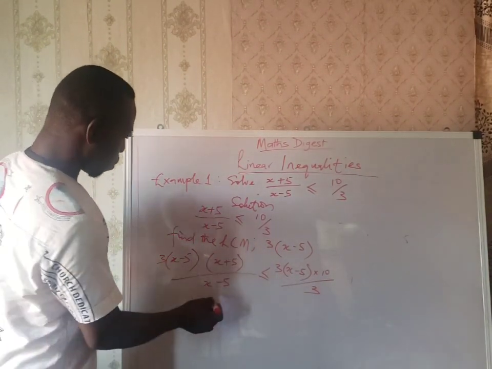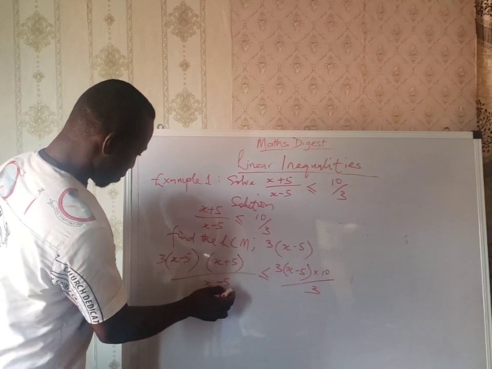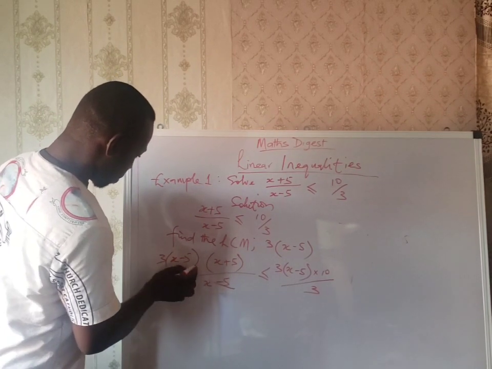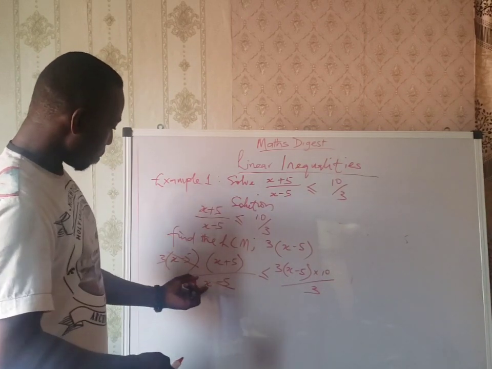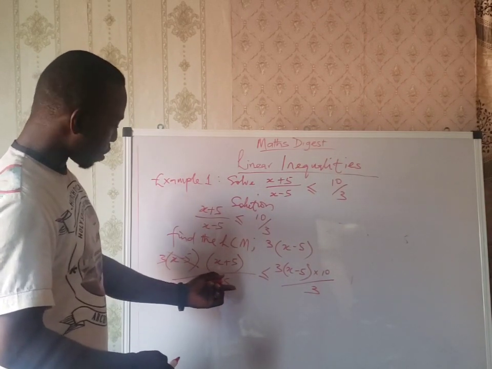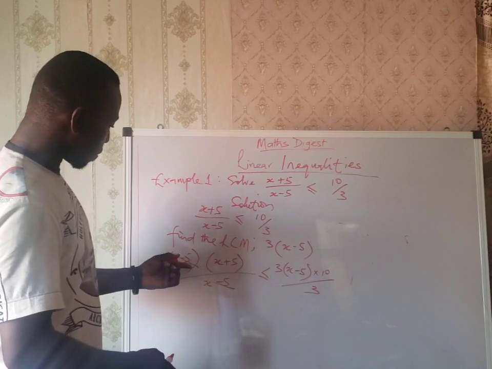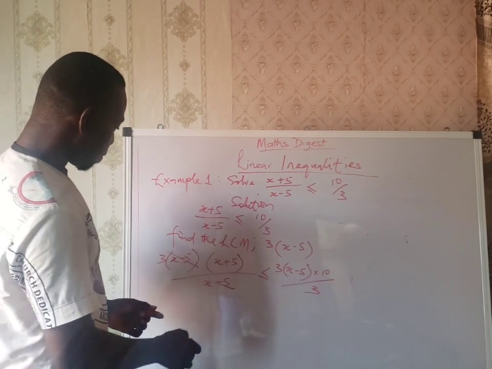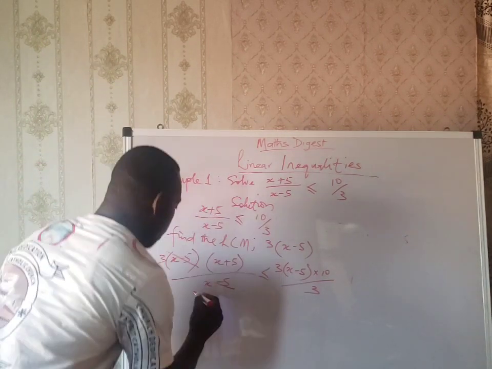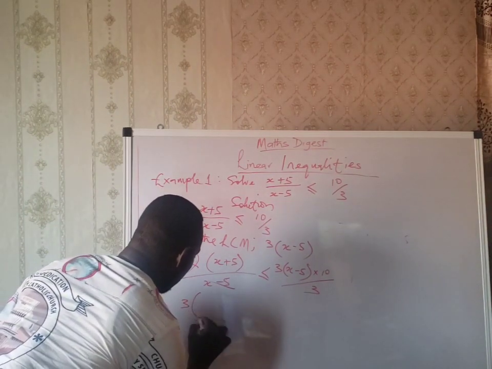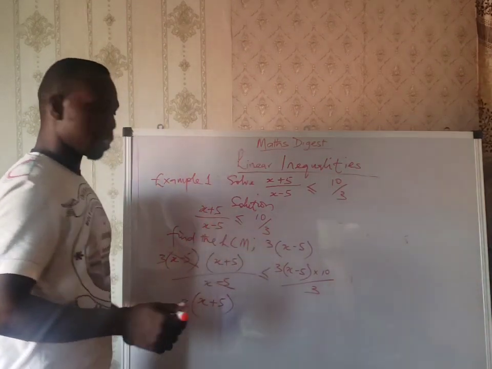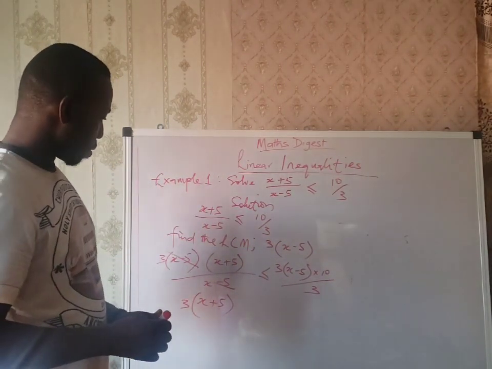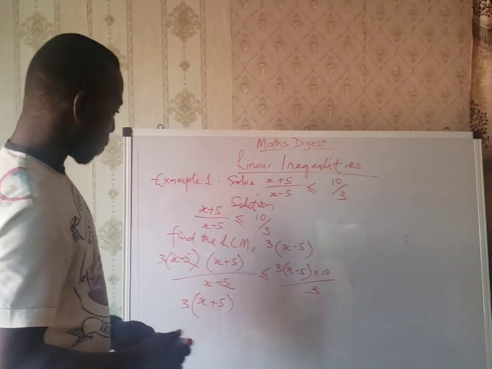Now quickly we are going to strike out this, that is, x minus 5 cancels x minus 5 here. We have 3 open brackets x plus 5, bracket closes.